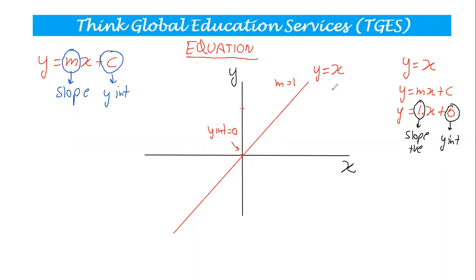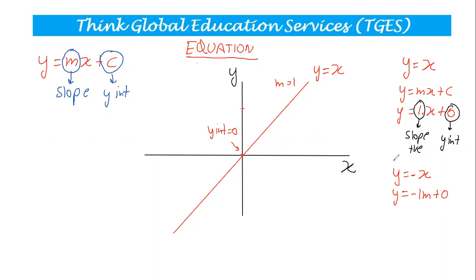Similarly, now this line is very important because this line is called a reference line. So let me take one more example and then we'll take both the reference lines together. So for example, if I say there is another line y is equal to minus x. If I want to express this line into the standard form, y is equal to negative 1 into x plus 0.